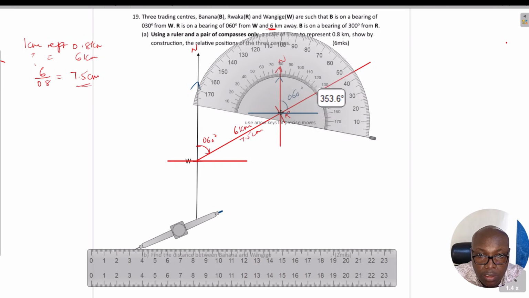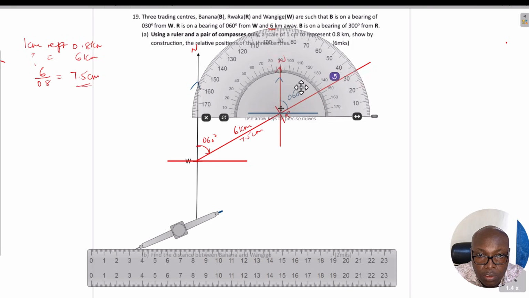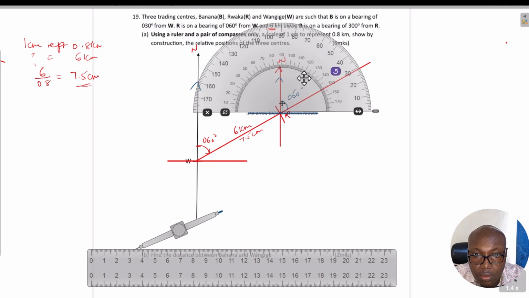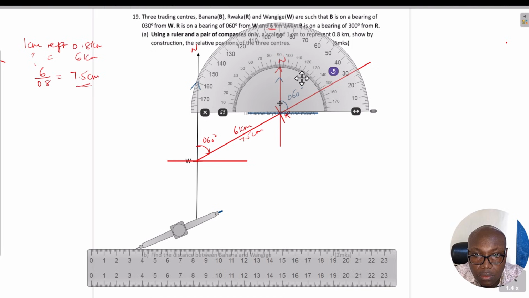Actually, let me place it like this. So 30. So from this point here, so 30, that is there.